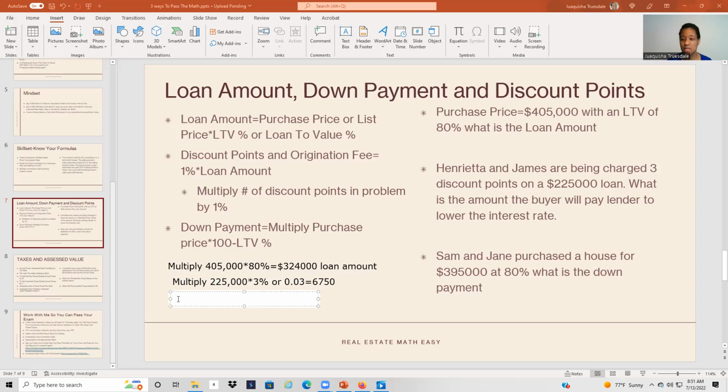Okay, the next one says Sam and Jane purchased a house for $395,000 at 80%. What is the down payment? So for this one, the lender is giving them an 80% loan. That means you gotta subtract 100% minus 80% equal to the down payment. So that would come out to be 20%.